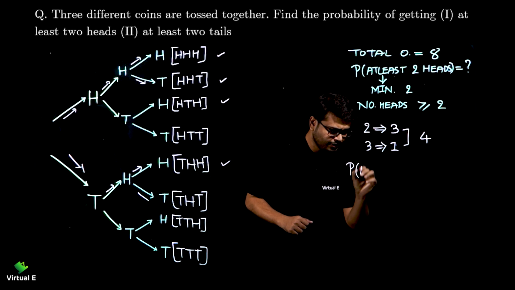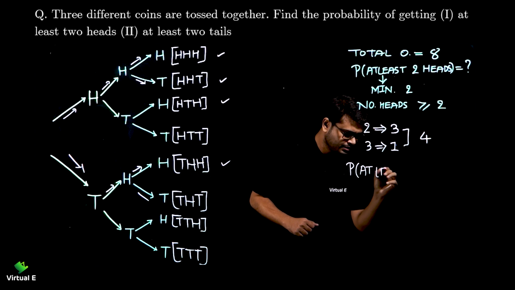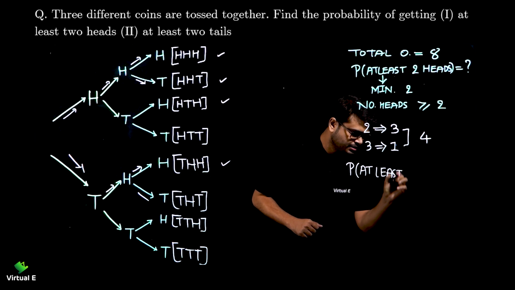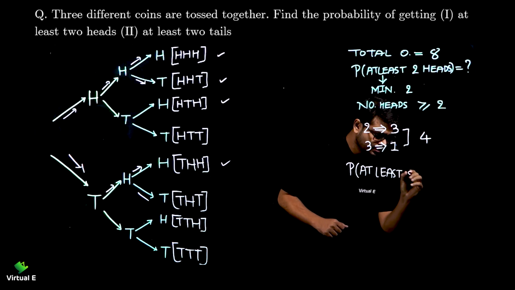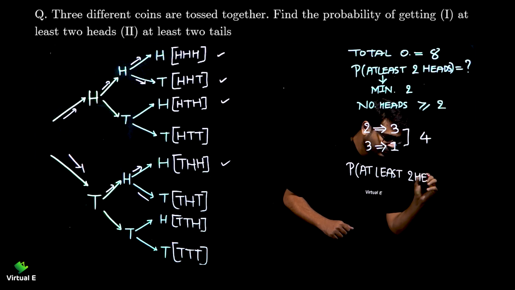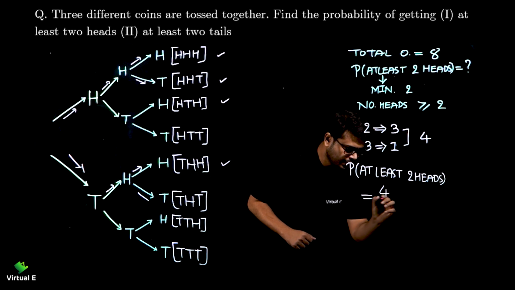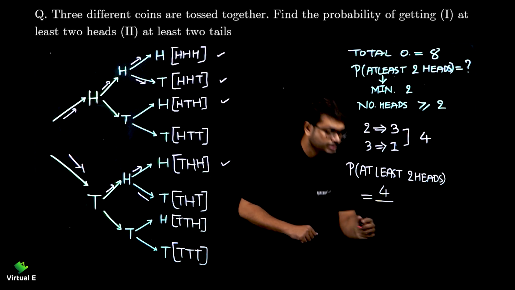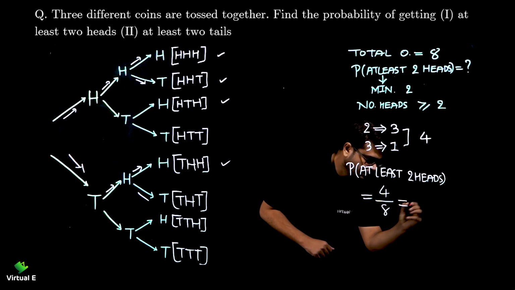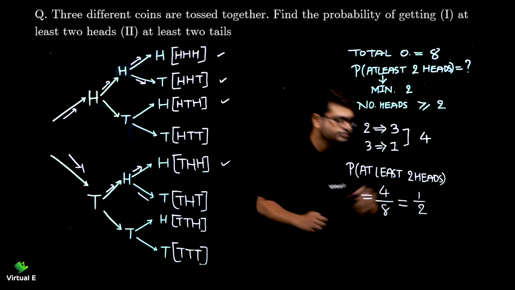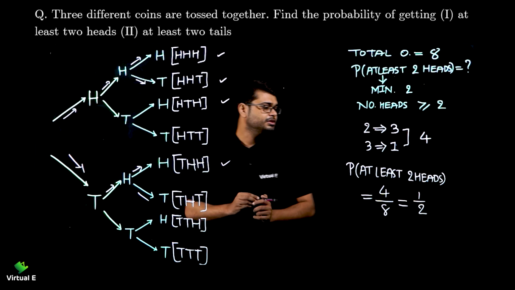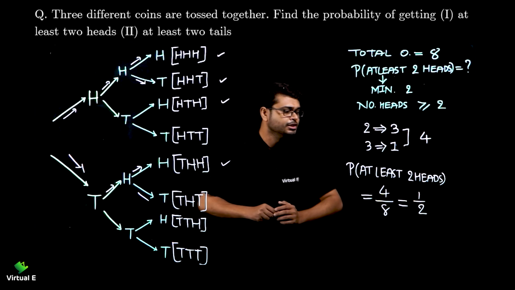So probability of at least 2 heads, the favorable outcome is 4 over here, and the total number of outcomes is 8. That is 1 by 2. Very simple, right? This is the probability of getting at least 2 heads.